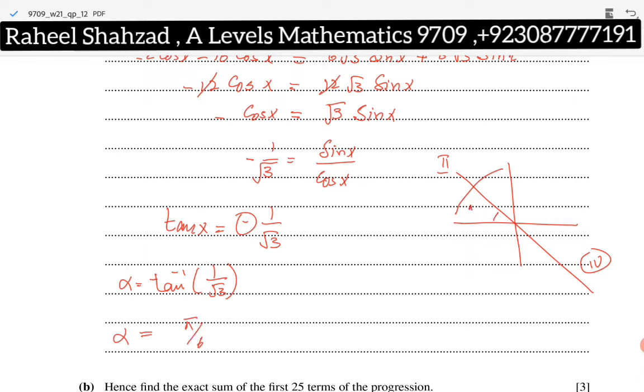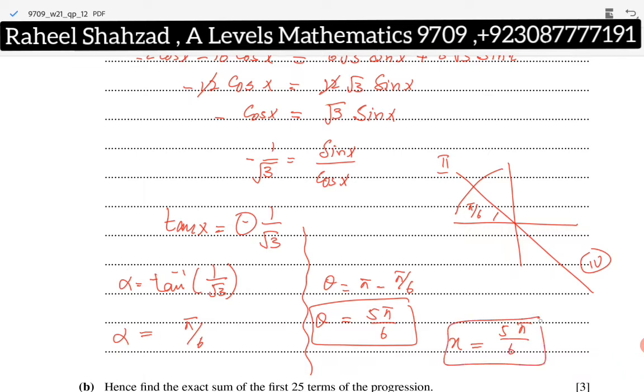So this is going to be pi by 6. So for the answer we have theta equal to pi minus pi by 6, that is equal to 5 pi by 6. That is our final answer, the value of x. It's x is equal to 5 pi by 6. Got it?